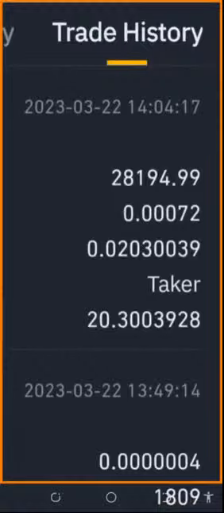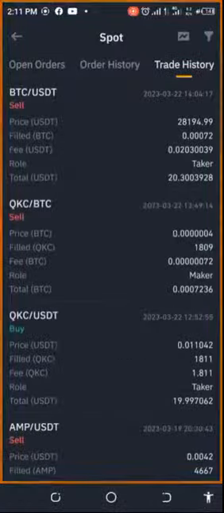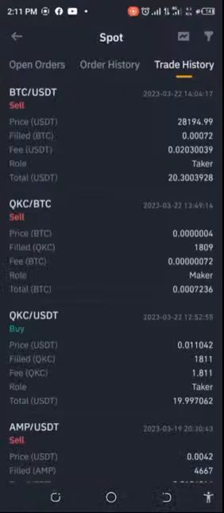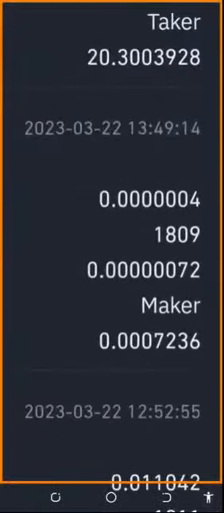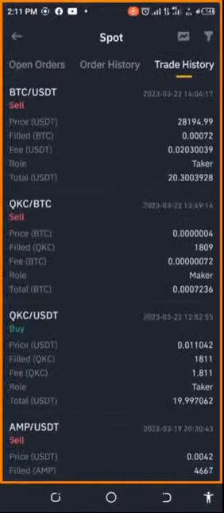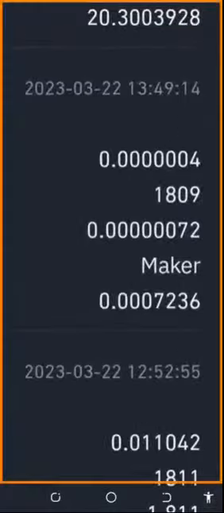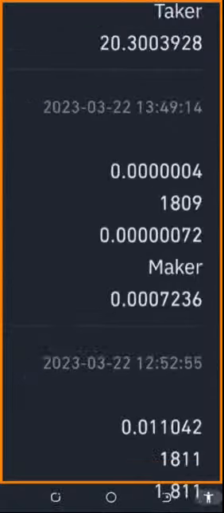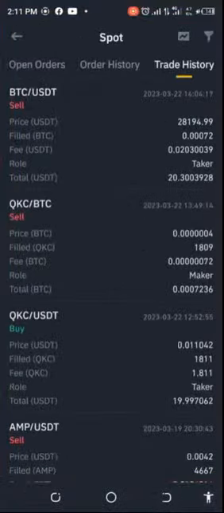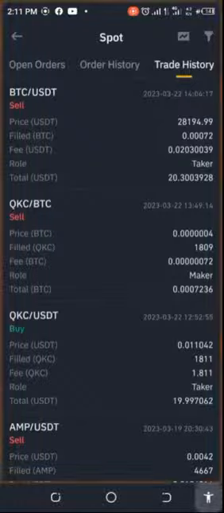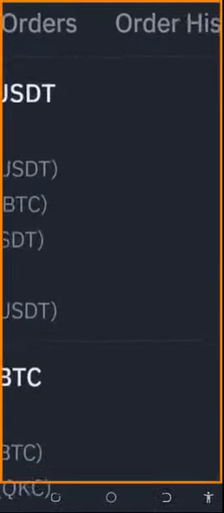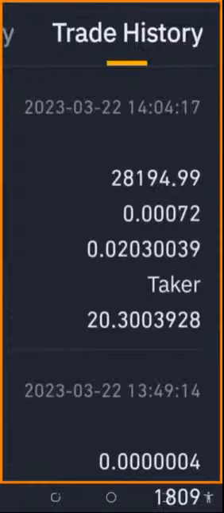We had 20.30 here, but don't forget that in the process we actually paid fees for QKC BTC. Did we? Yes, we did pay a fee. That's the amount of fees, as you can see there, 0.000072. We also paid a USDT fee here, that's about 2 cents.